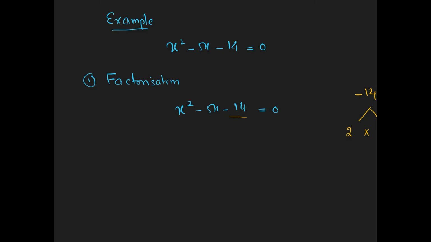Now we have to choose the signs for 2 and 7 such that our addition gives us −5, which is the coefficient of x.